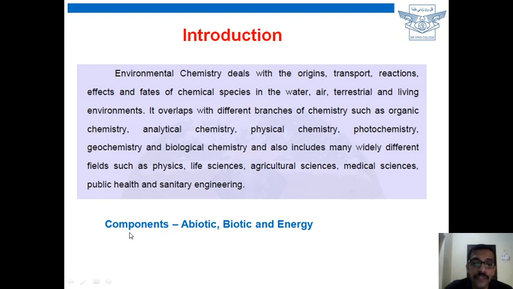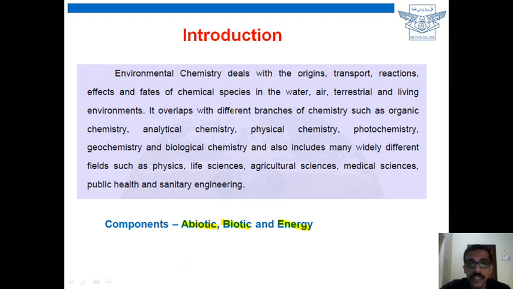What are the different components of environment? Okay, so we have three major components. One is abiotic, second one is biotic, third one is the energy component. So what are the abiotic components?